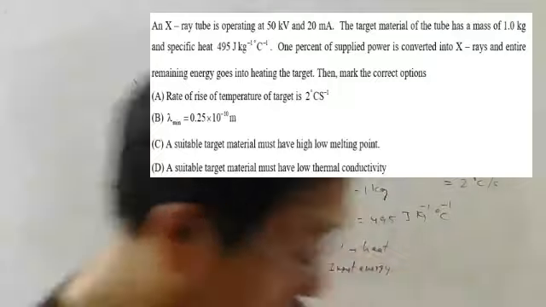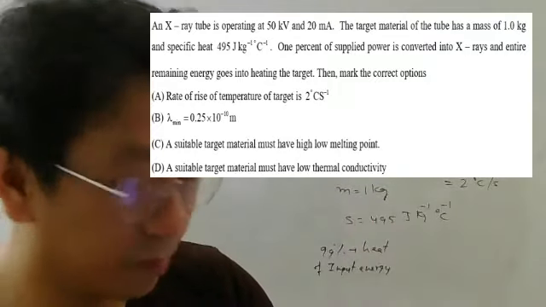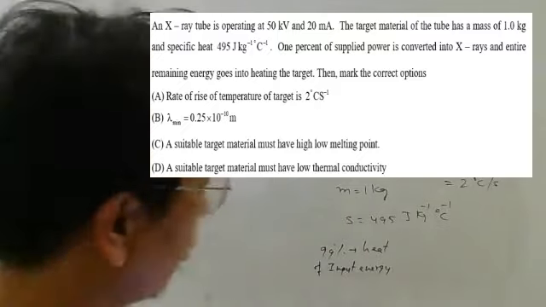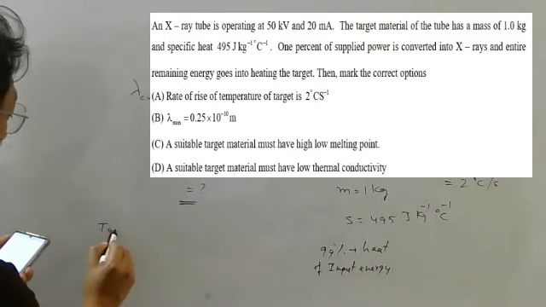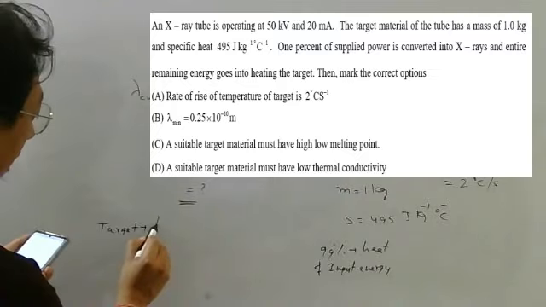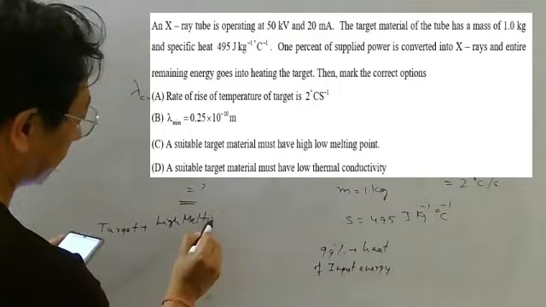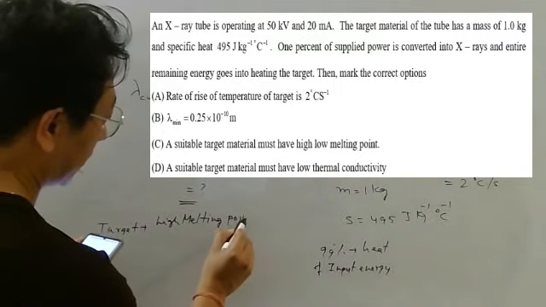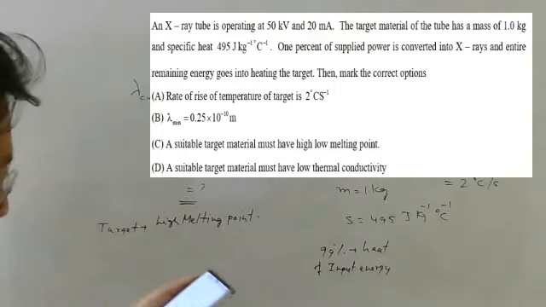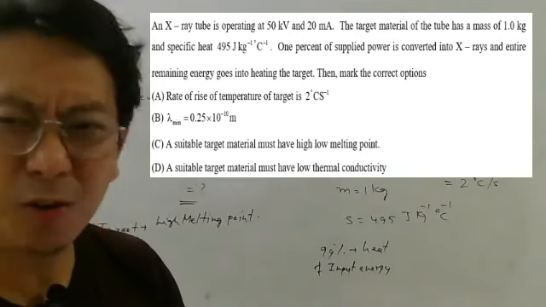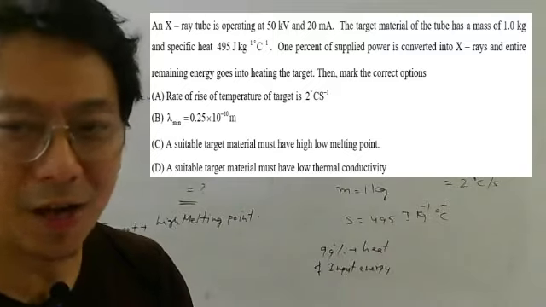Okay, students, now this C and D option is also important. The target should have high melting point or low melting point? Target should have high melting point. But in this question they wrote high low by mistake. They should ask high or low.